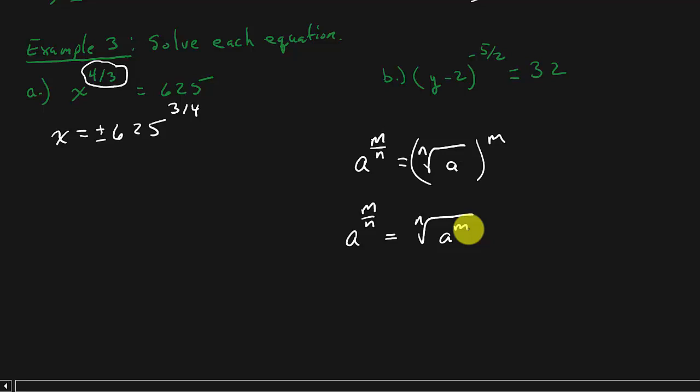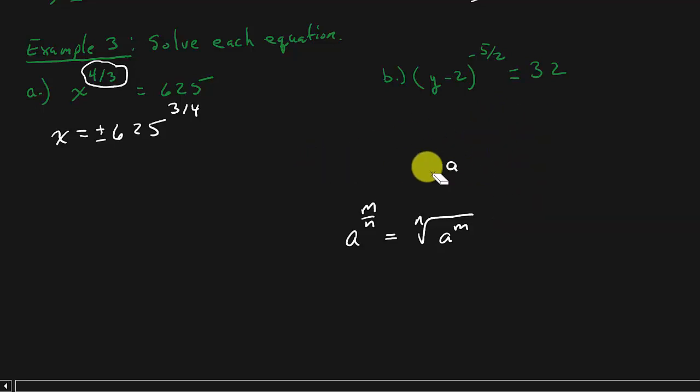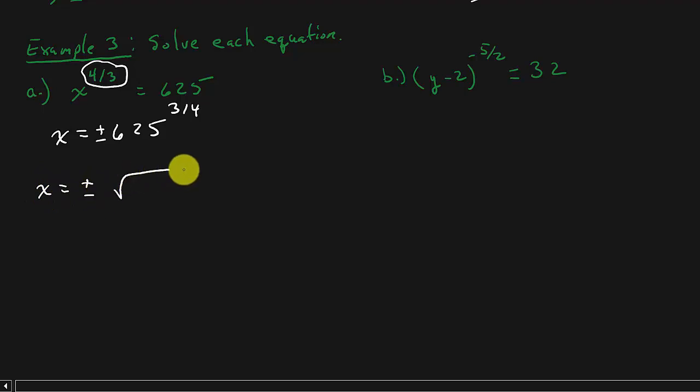But if you watch the lesson on this, the rational exponent lesson in the playlist, this one right here is the easiest one to use most of the time. This makes it easier to evaluate. Okay, so let's go ahead and convert this to radical form. So that's going to be x is equal to plus or minus, and that's going to be the 4th root of 625 and all of that cubed. All right, just remember the denominator, that's the index of your radical, and the numerator is the exponent out here.